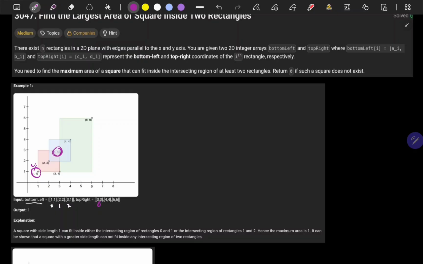So this one is 3 3. Same way for the first, this is the bottom left, this is the top right. And for the third rectangle, we have 3 1 as our bottom left corner and 6 6 as our top right corner. I hope you understood a bit of the question.